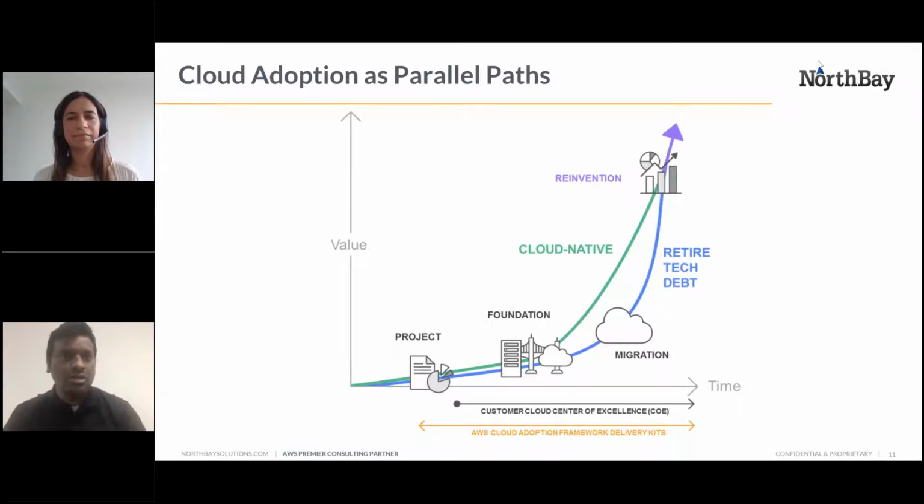Let's start doing it in a new way. Let's build cloud native. Let's be more agile. Let's migrate our process or methodology from waterfall model to agile. Let's do this serverless cloud. Let's not buy into the servers. So that's the path where any net new initiatives are being created in cloud.